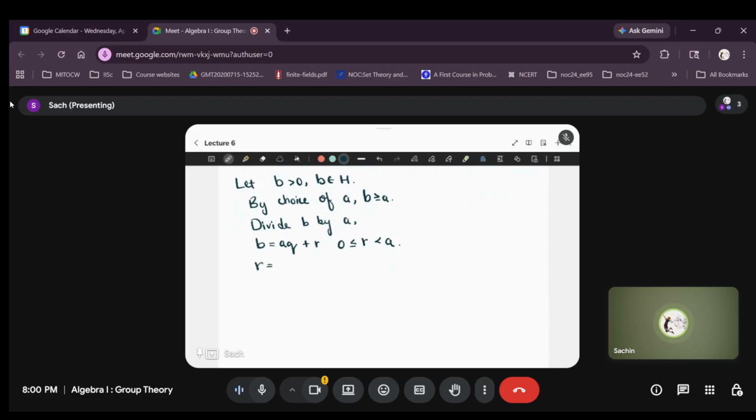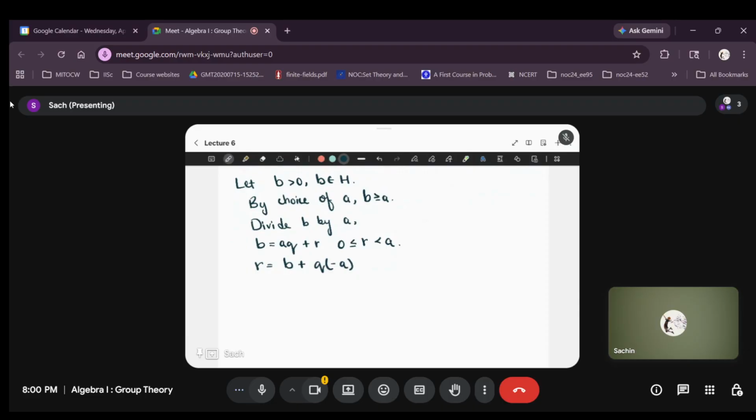Now R is B minus Q times A, or you can write it as B plus Q times minus A.